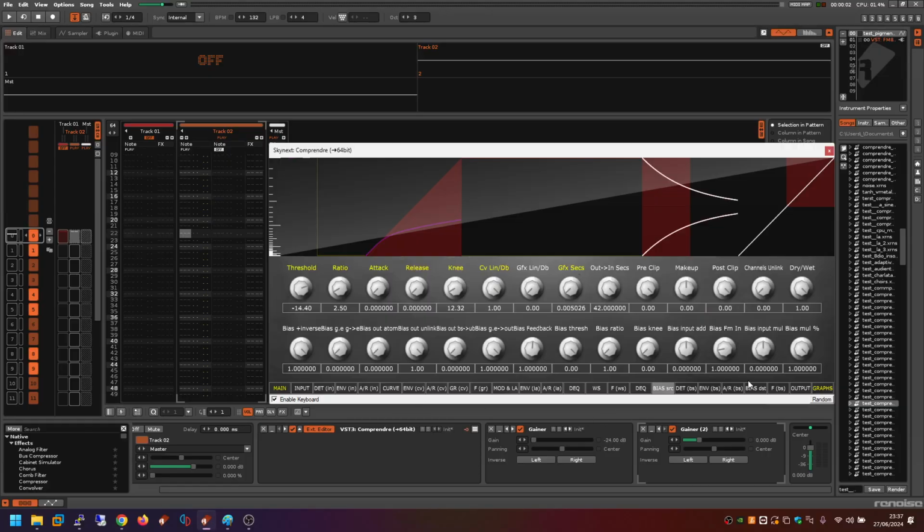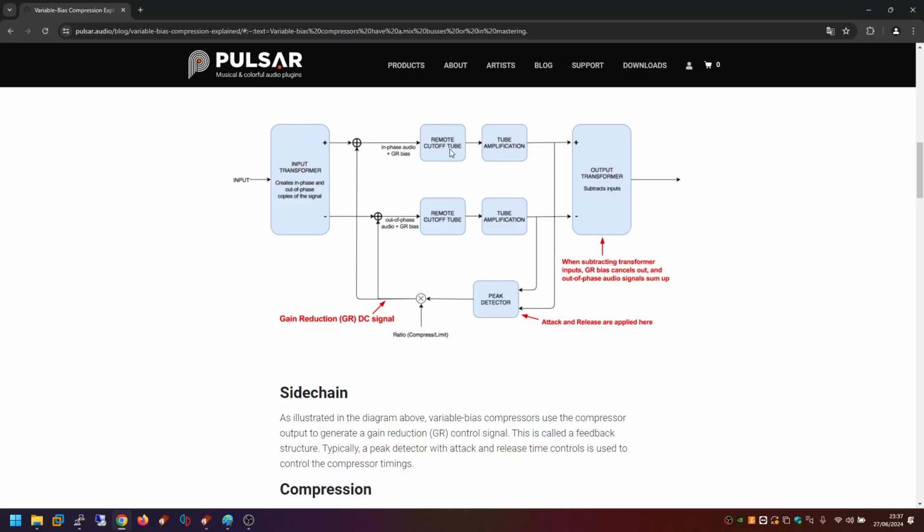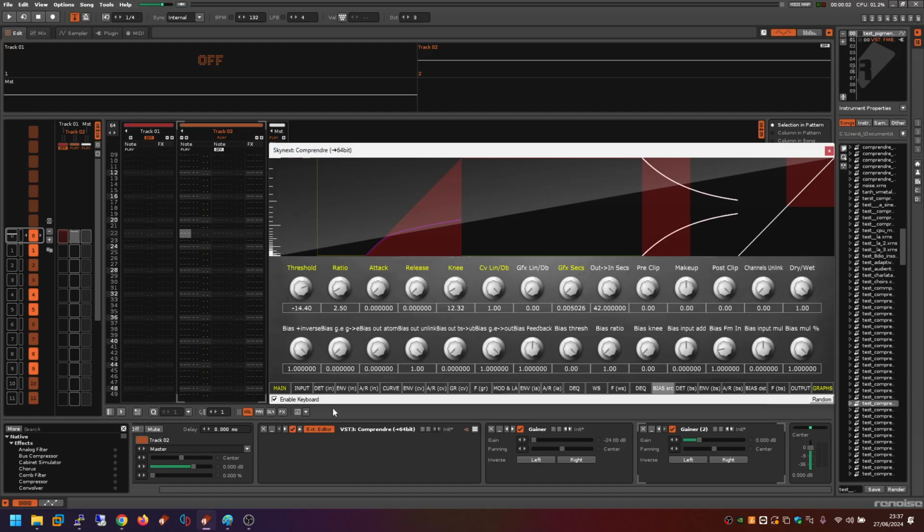So we will set an example with a new song. I put the attack and release to null so that the bias input, when it goes through the normal compression, that is the equivalent of this part and this part, will go like it's a wave shaper.